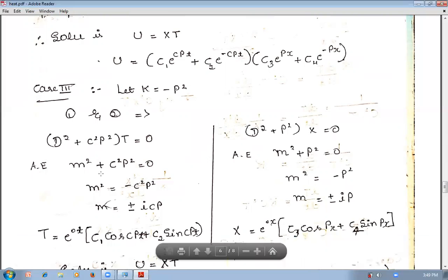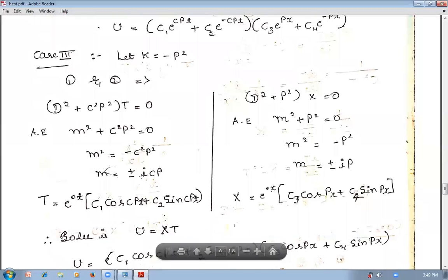First write the auxiliary equation: m² + c²p² = 0, and here m² + p² = 0. Simplify this, we obtain imaginary roots ±icp, and here ±ip. We know that the roots are imaginary.